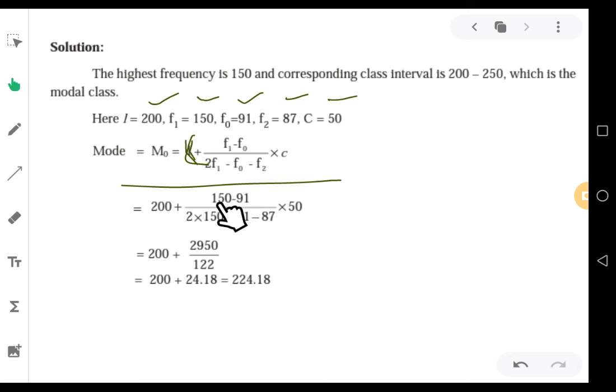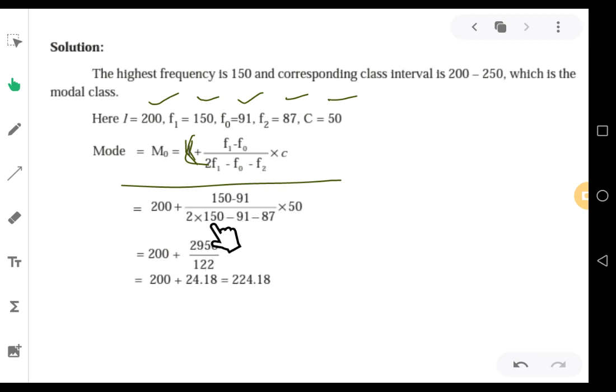Then 150 minus 91, you will get 59. 59 into 50, you will get 2950.